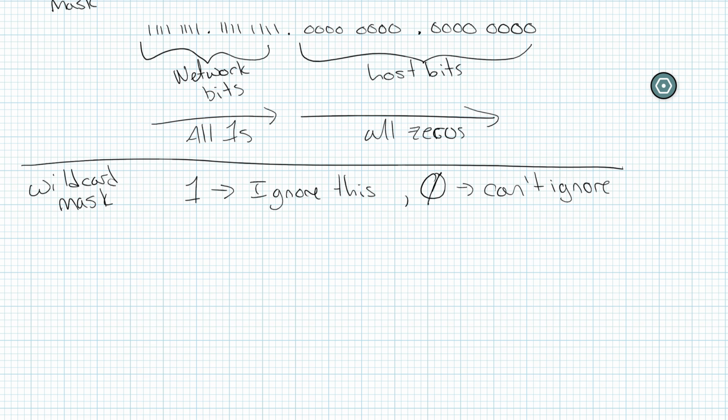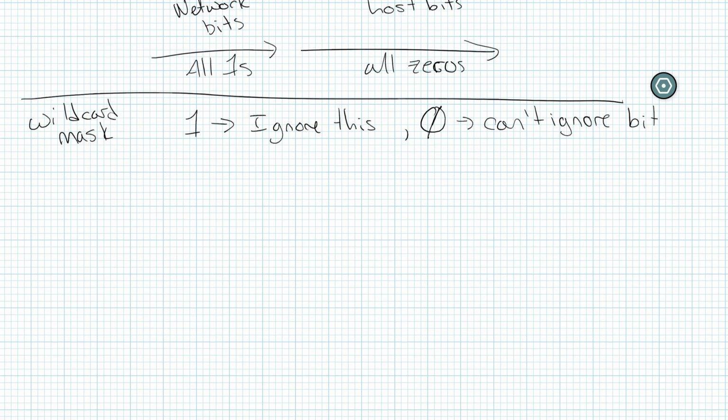So how does that help us? Let's say, for example, we had a wildcard mask of 0.0.0.255. I'm going to write that out in binary: 8 bits, 16 bits, 24 bits, and our last 8 bits are ones.